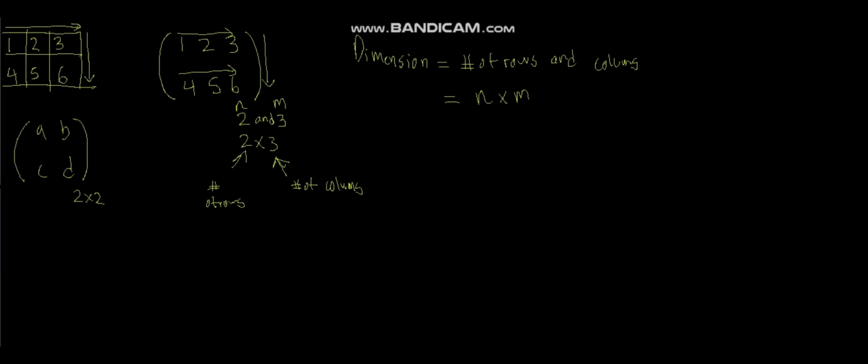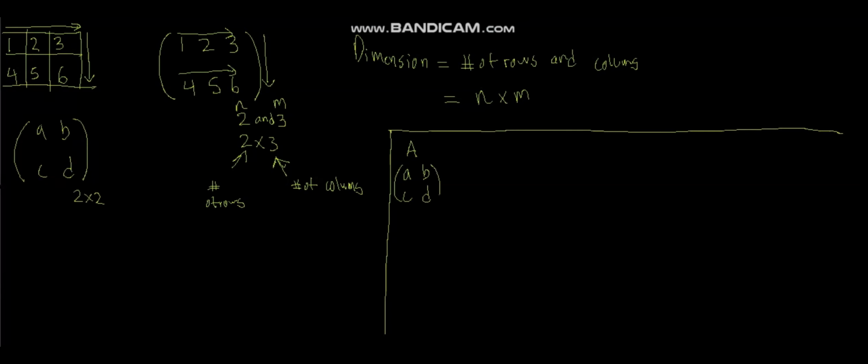So addition. Given matrix A as A, B, C, D, adding to matrix B given as E, F, G, H. To add matrices, we first make sure that the number of columns of the first matrix is equal to the number of rows of the second matrix.